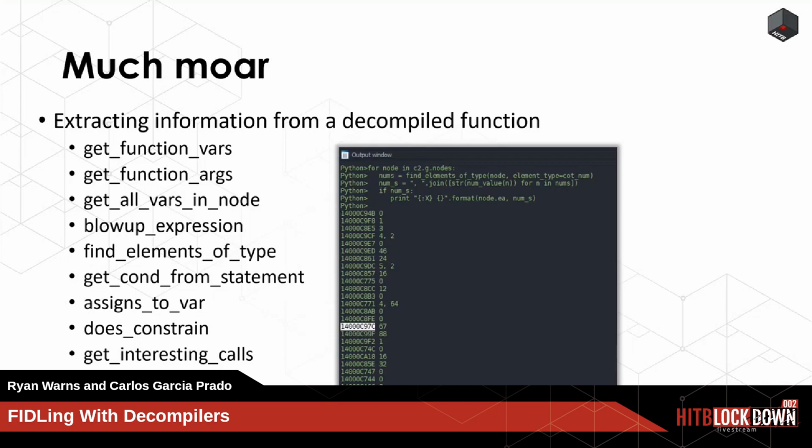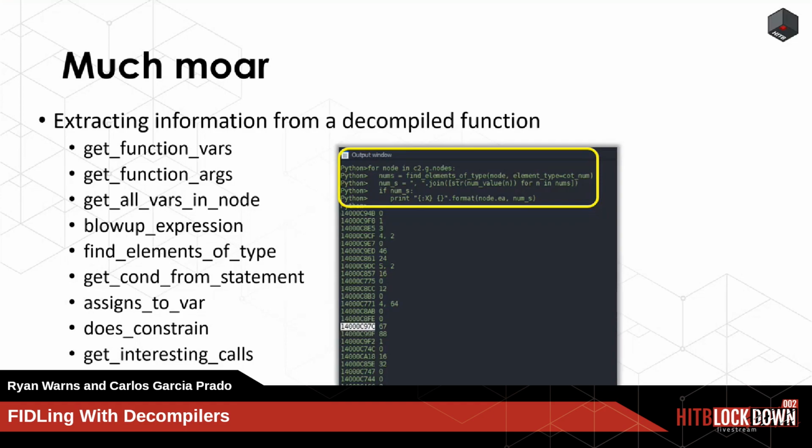In this case, this C2 that you see in there is a control flow inator object. You're iterating through all the nodes in this graph. Remember that the thing at the end of the day is a graph. And then we have, for example, this API, find elements of type.